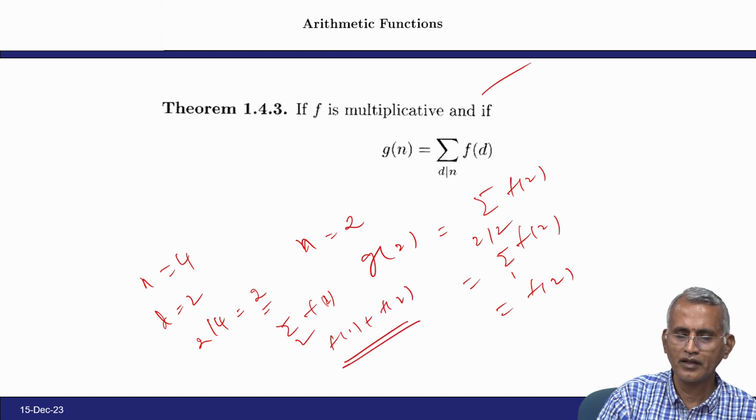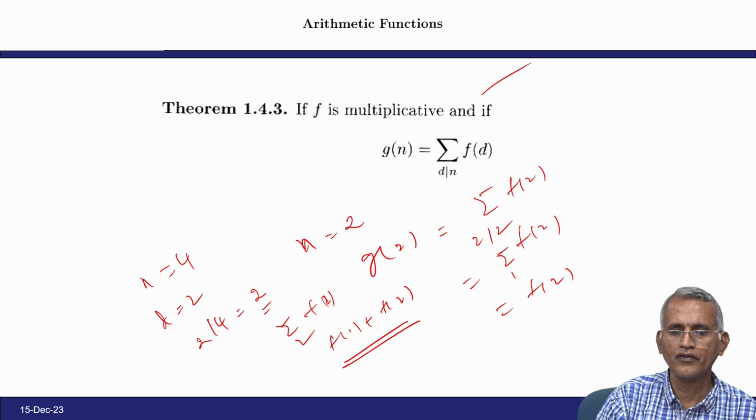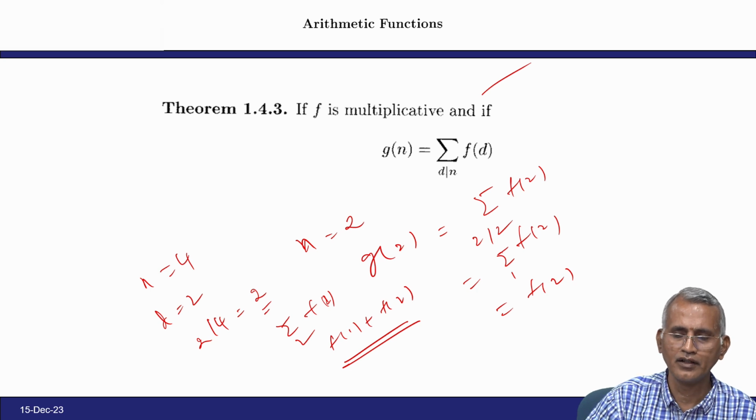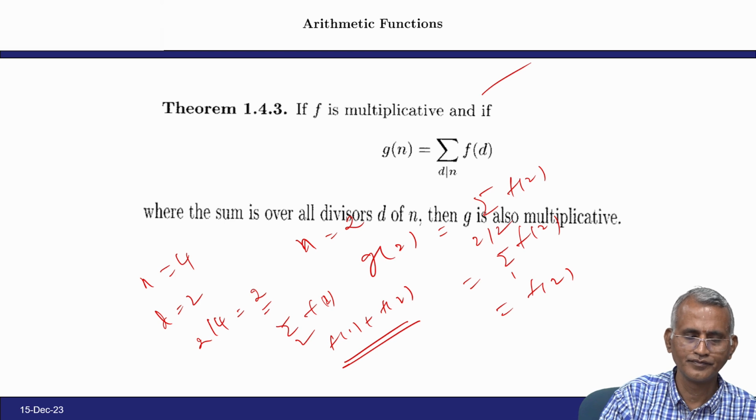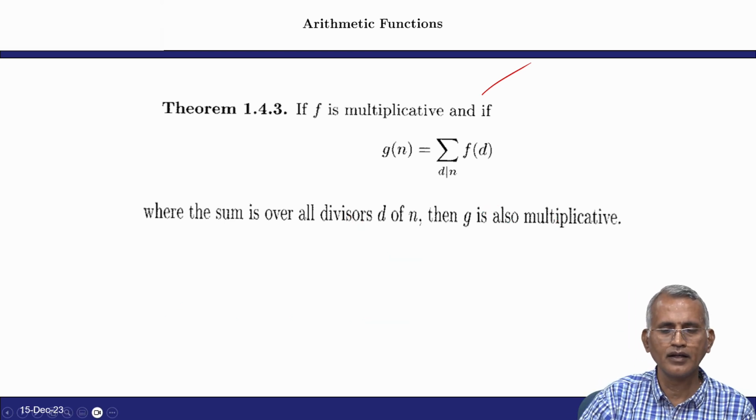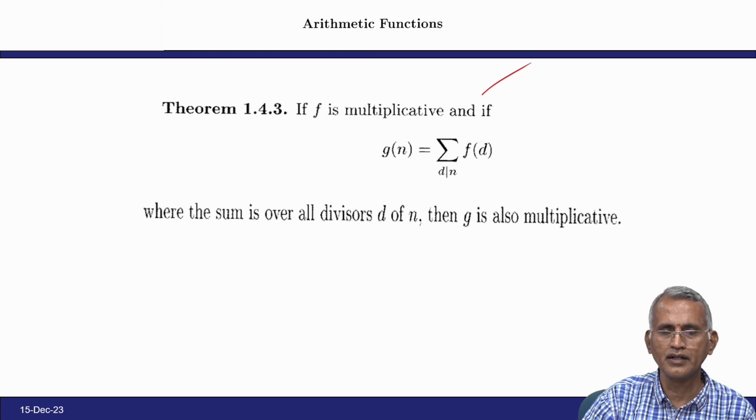So, this way we can express f as multiplicative, and the corresponding function g of n, we can do that. So if f is multiplicative and if g of n equals the summation over d dividing n of f of d, where the sum is over all divisors d of n, then g is also multiplicative.